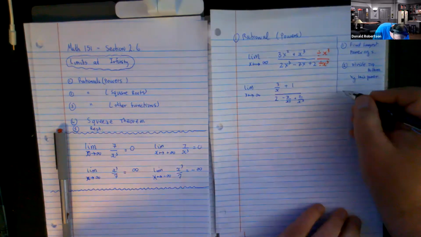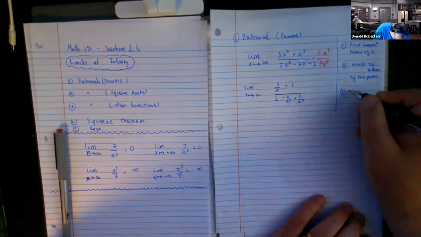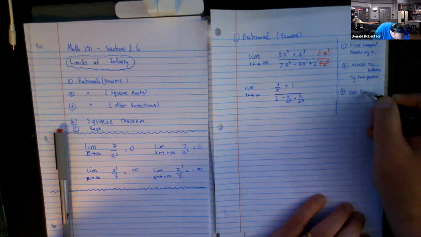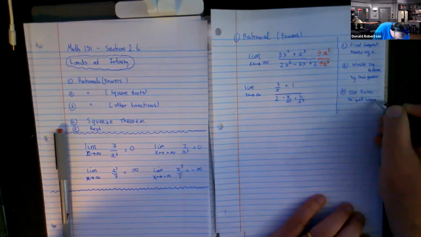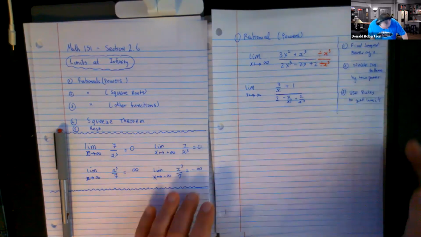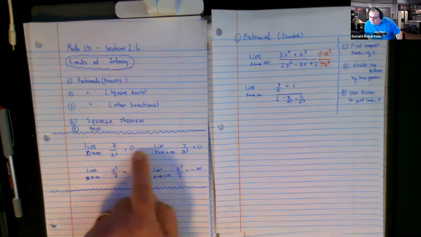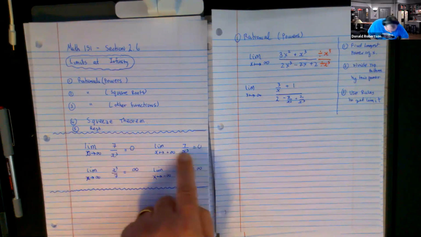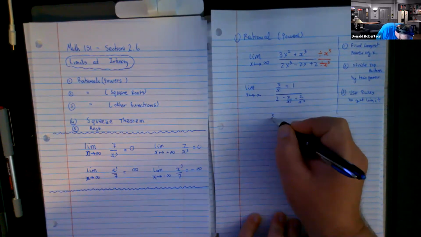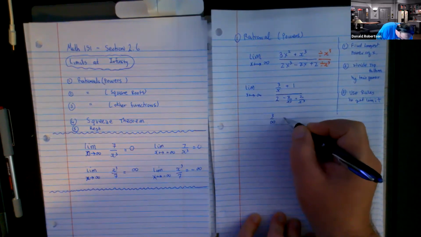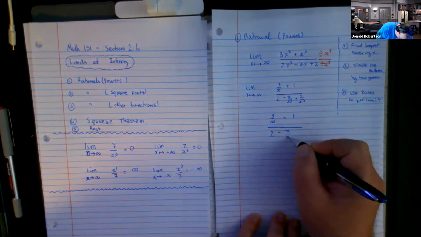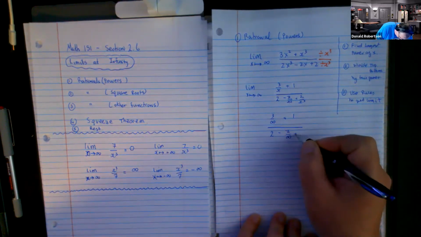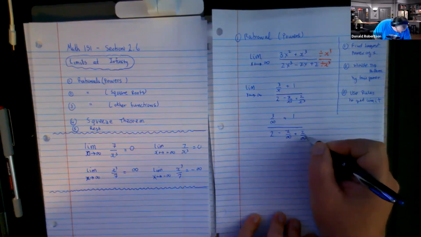And step 3, use the rules to get the limit. Now, what do I mean by the rules? I mean these two here. So let's see what we get. You would get 3 over infinity plus 1, over 2, take away 7 over infinity squared, which is just infinity, plus 2 over infinity cubed, which is just infinity.